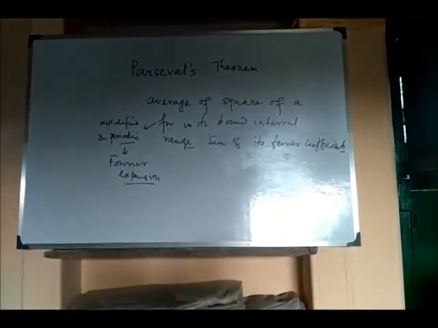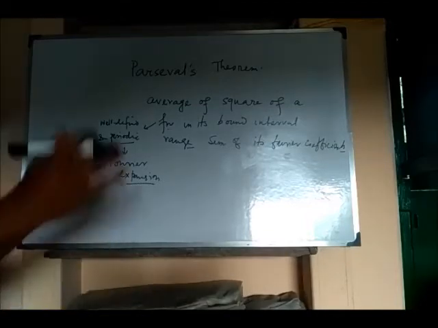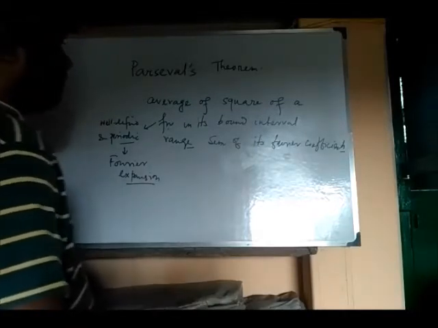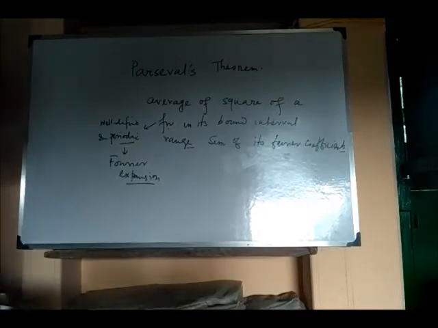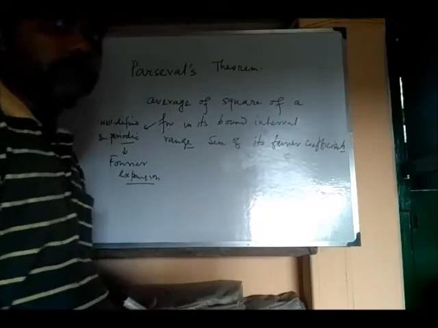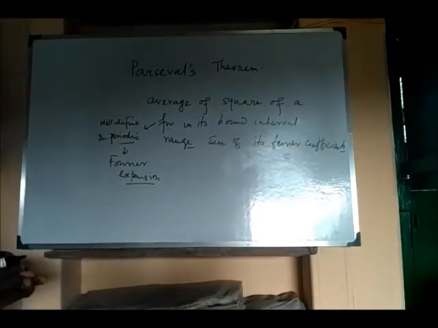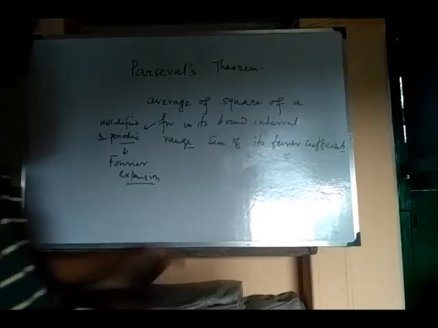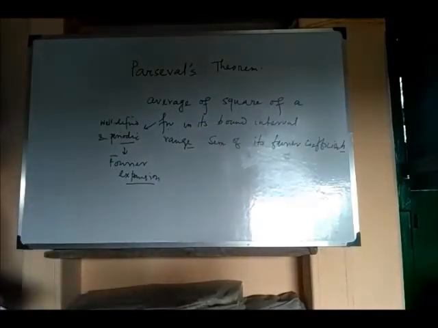Okay, so you can say that if you can expand a Fourier series, you should not go for just integration of the square to determine this average, but if you add all the Fourier coefficient terms, you can get the value of this square of f(x).